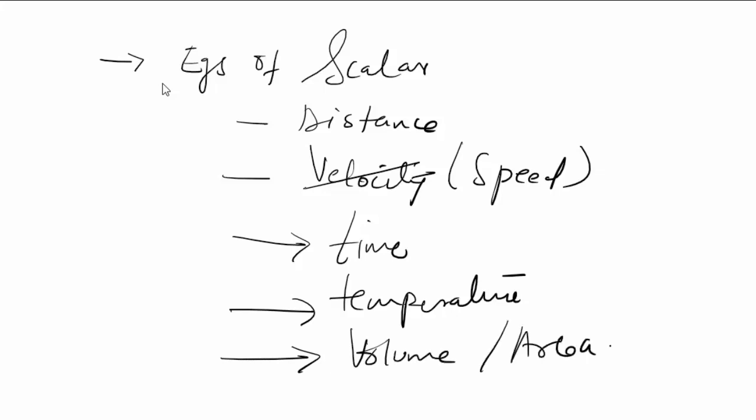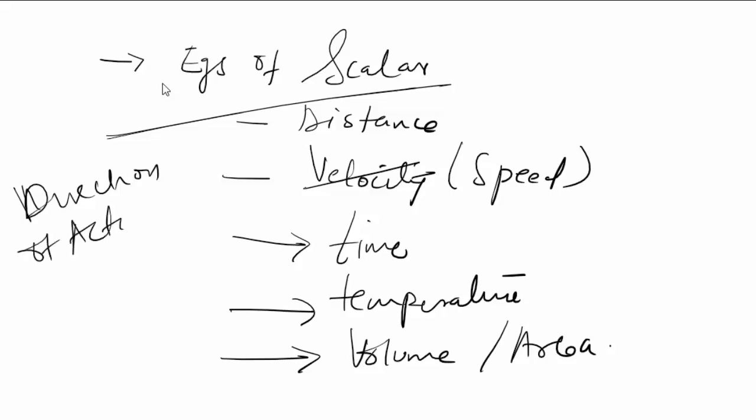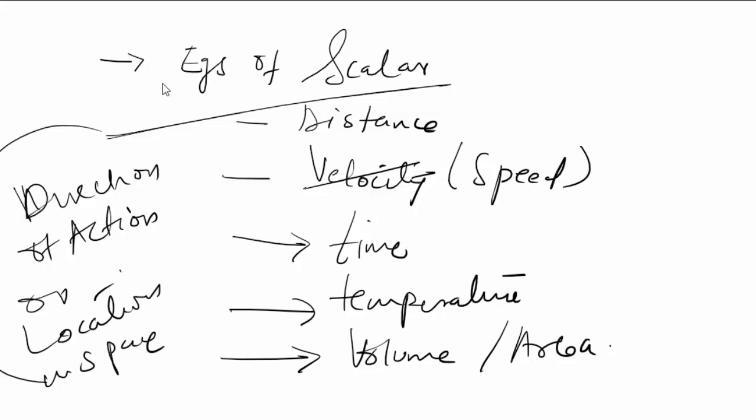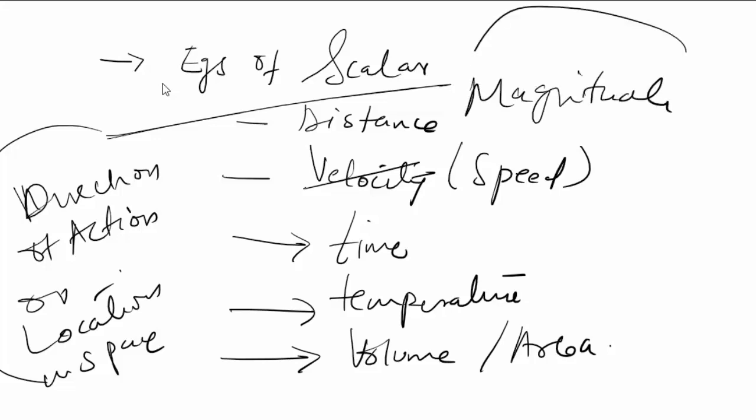These kinds of quantities could be scalar quantities because they give no information about direction of action or location in space. So these quantities only have what is known as a magnitude. So such quantities are known as scalar quantities.